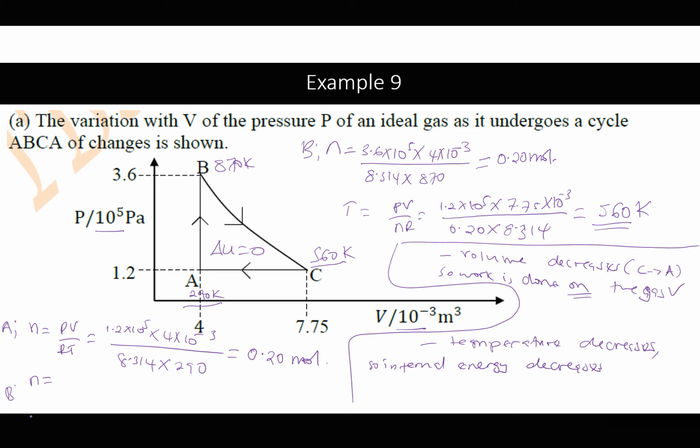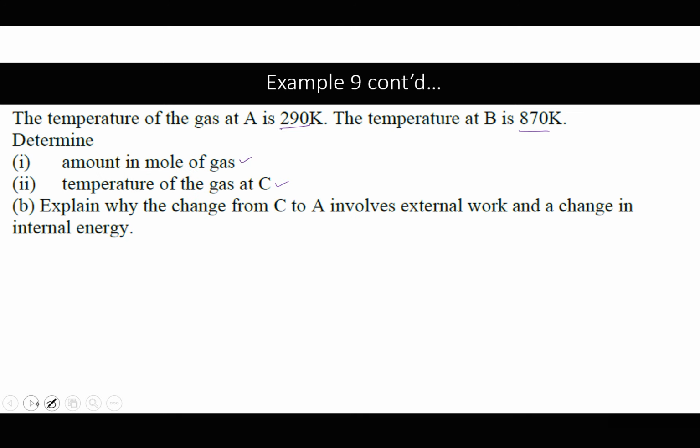So to answer the question in part C, which was telling us to explain why the change from C to A involves external work and a change in internal energy, we have said one, the volume decreased and the temperature also decreased. The volume at C was 7.75, at A it was 4 times 10 power negative 3. So there's a decrease in volume, so work is done on the system.